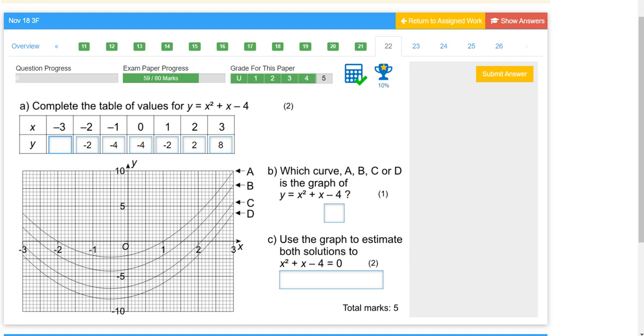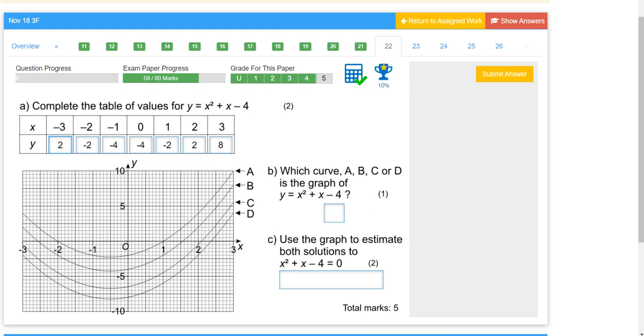And that gives me 2. Now, do you notice that there is some symmetry here? We've got negative 4, negative 4, negative 2, negative 2, 2 and 2. The fact it's symmetrical suggests to me that I've done my calculation correctly.